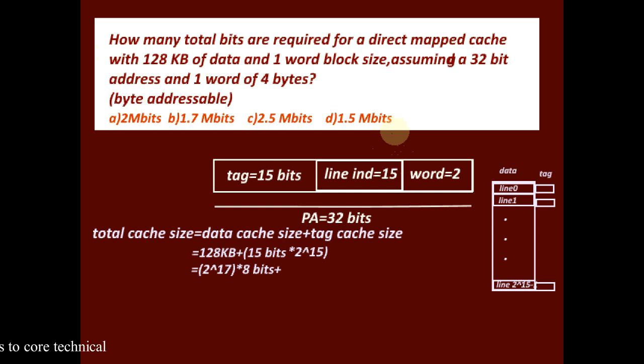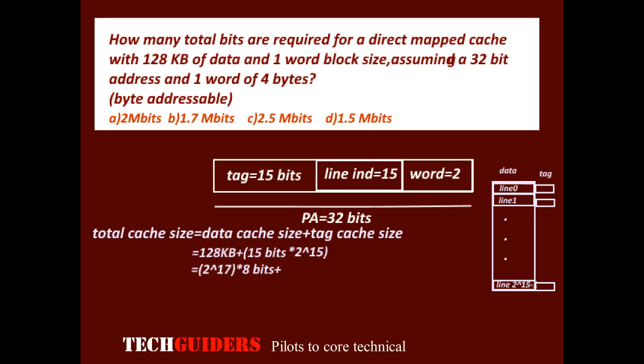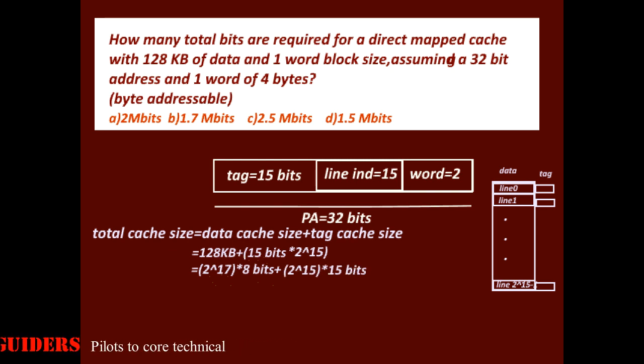Options are given. To match with it, we shall convert it as 2 power 7 into 2 power 10 into 1 byte equals 8 bits, that is 2 power 17 into 8 bits plus 15 bits into 2 power 15.